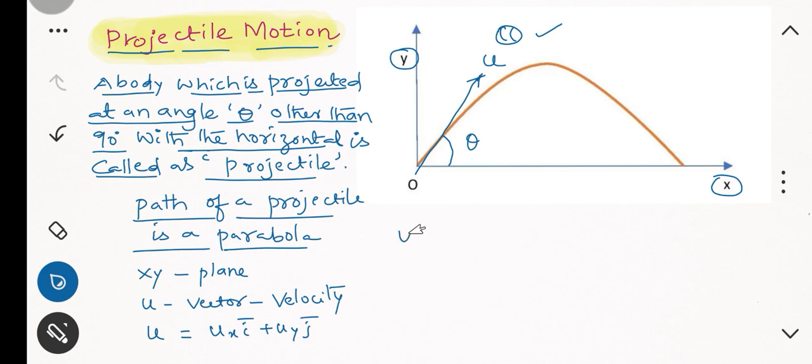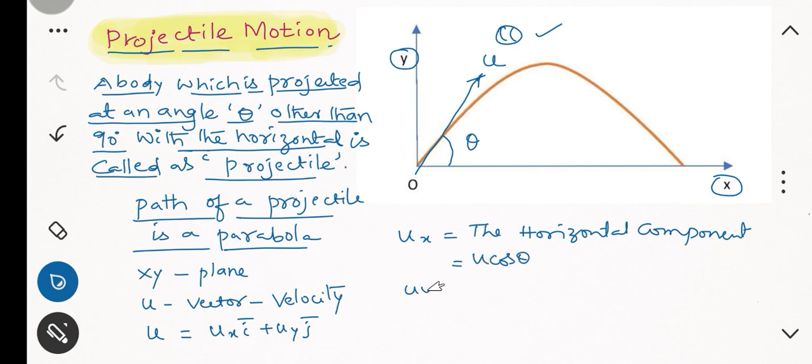Here ux is called the horizontal component, whose value is u cos theta, and uy is the vertical component, whose value is u sin theta.